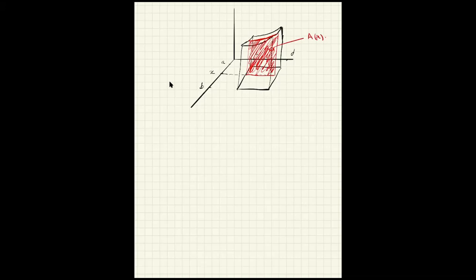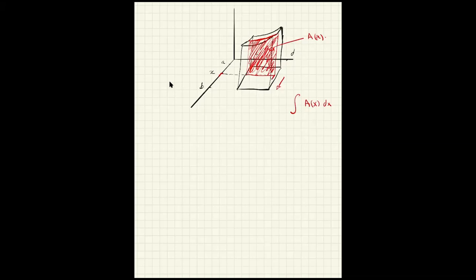Now, when you do the dx, you go over this direction. So what you do is you multiply this area by some very small base, some very small height here, which is dx.